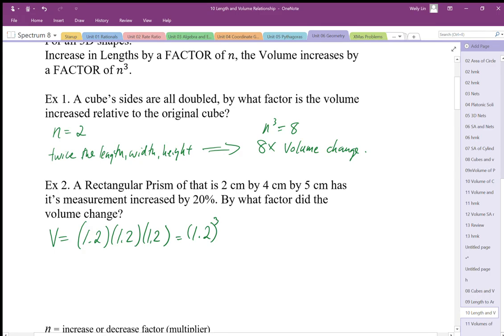So when I cube that length factor, I end up with a factor of 1.728. That equals 1.728 times more volume.